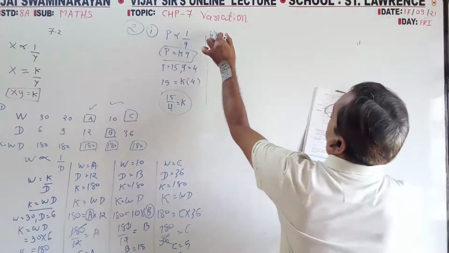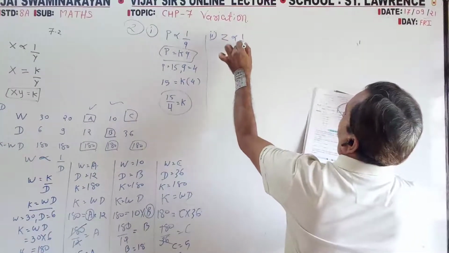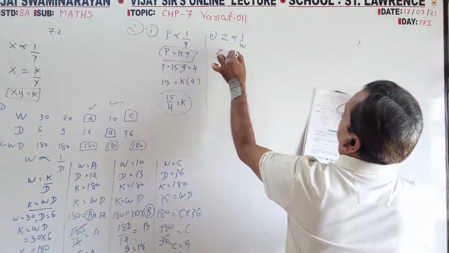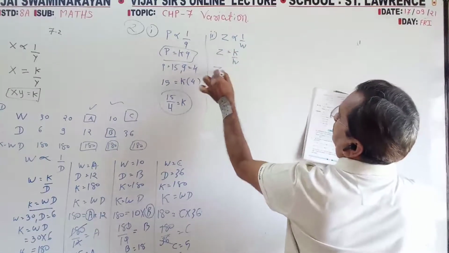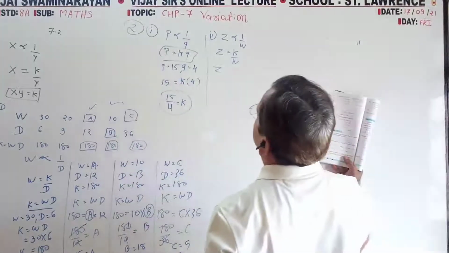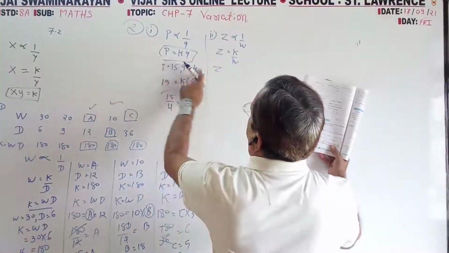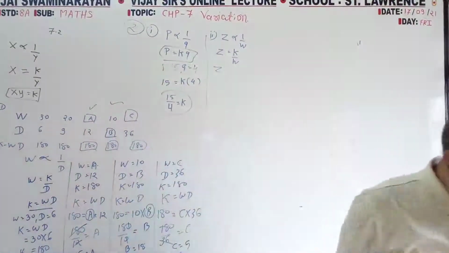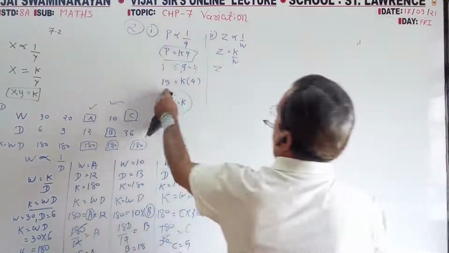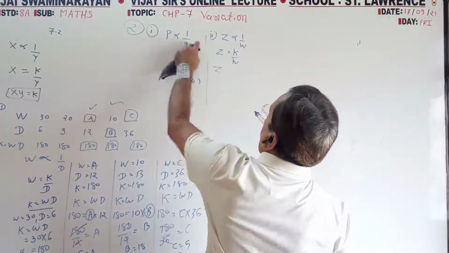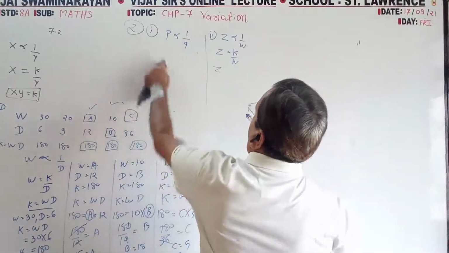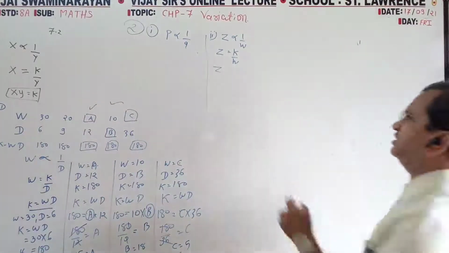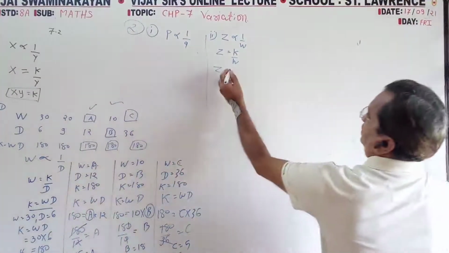Second, Z is inversely proportional to W. Z is equal to K by W. This I have done wrong, sorry. It is inversely proportional.